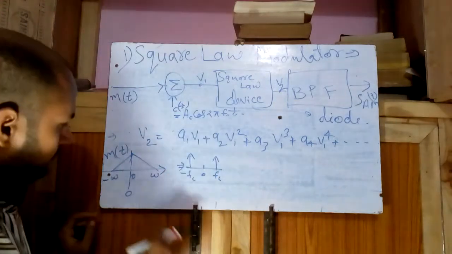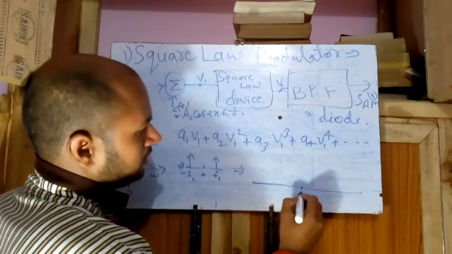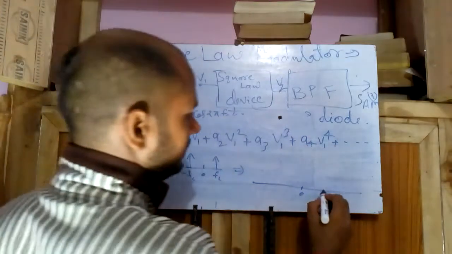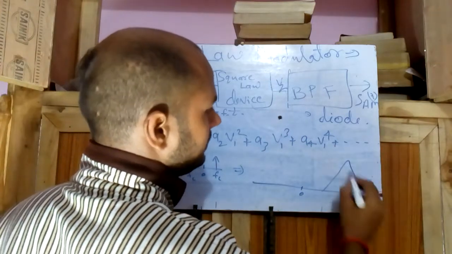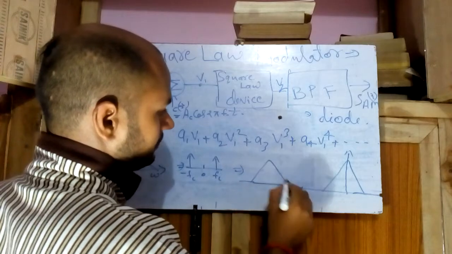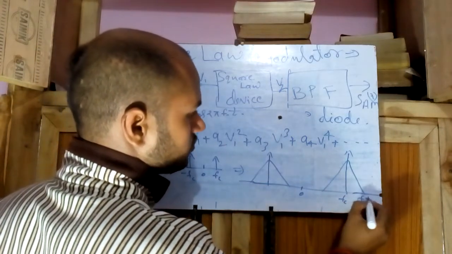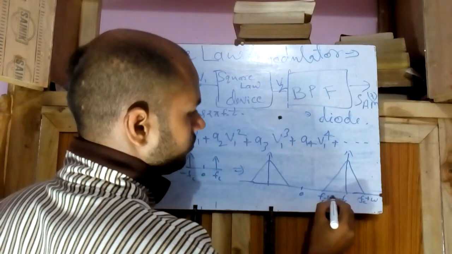This is carrier, this is message. So the amplitude modulated signal SAMT will be finally like this, FC plus omega, FC minus omega.